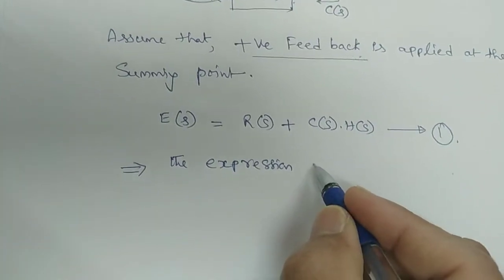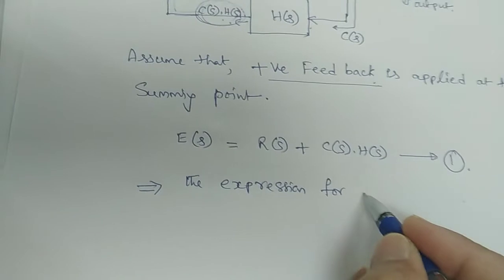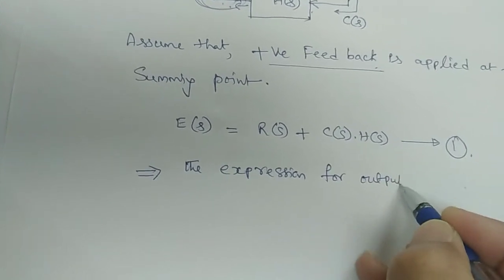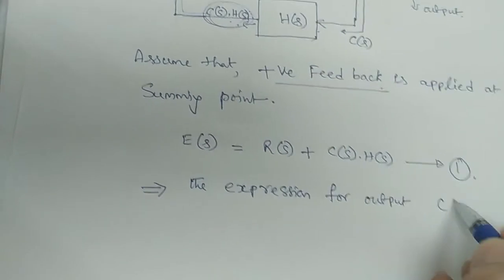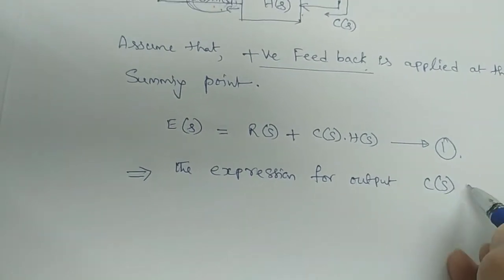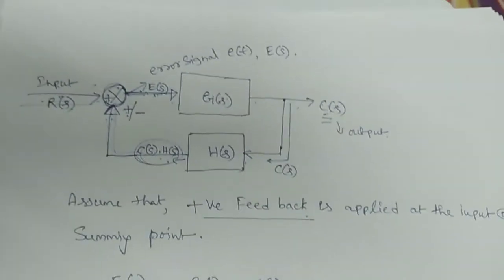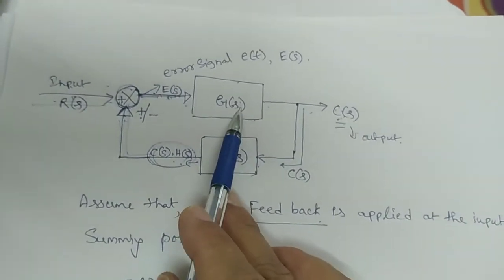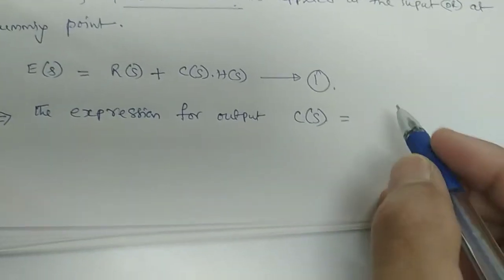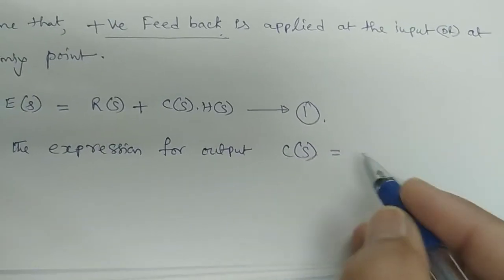The expression for output, that is C of S, is equal to, tell me what is C of S? G of S into E of S. In the last slide I told you that output is equal to gain into input.